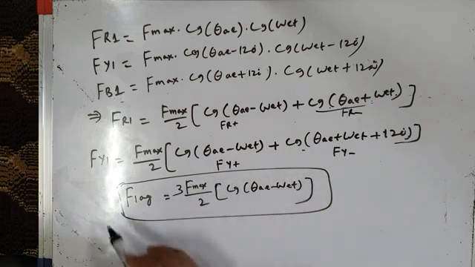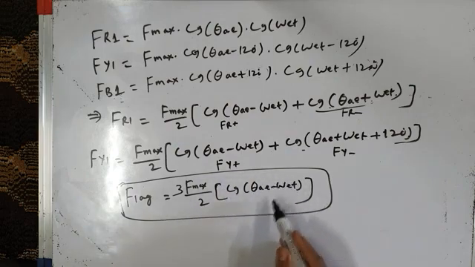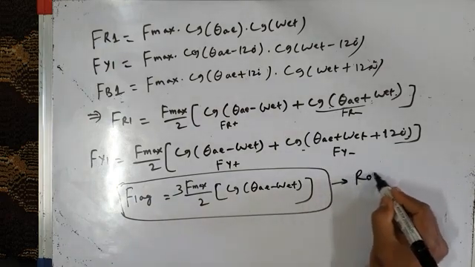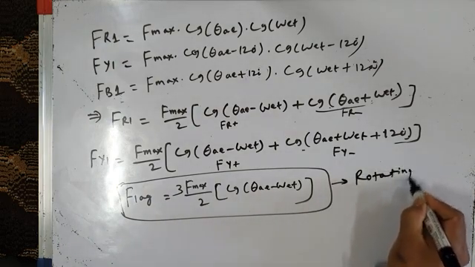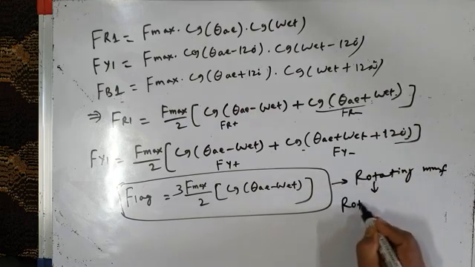So this equation tells us that when the three-phase winding is excited by a three-phase supply and balanced sinusoidal currents are flowing in the three-phase winding of the induction motor, it gives a revolving magnetic field. It has only one component, one revolving magnetic field, because the other counterclockwise component has added up to 0. So this is rotating MMF, and rotating MMF gives rise to a rotating magnetic field.